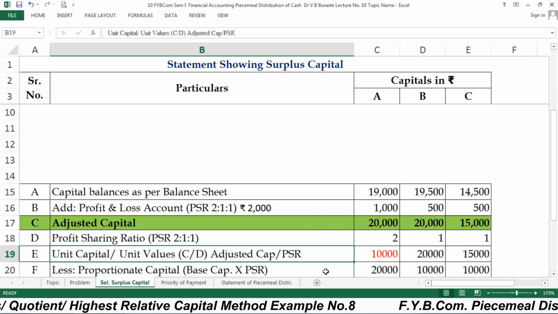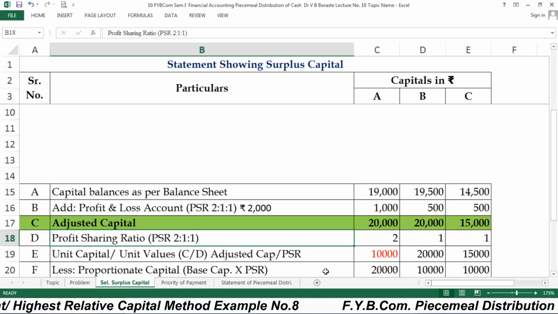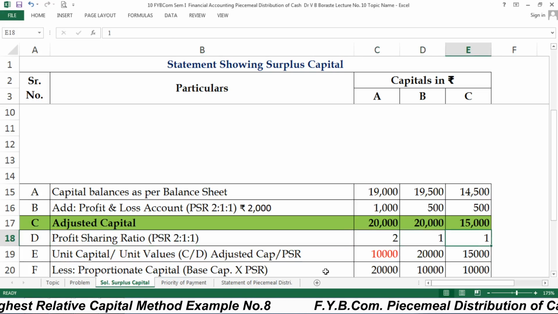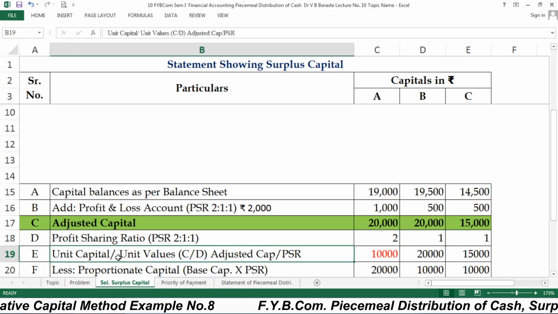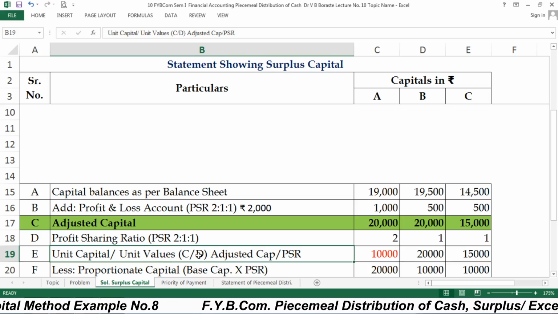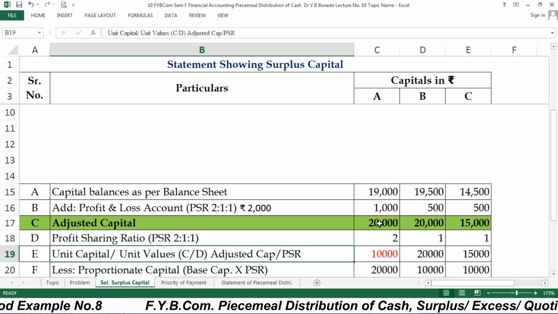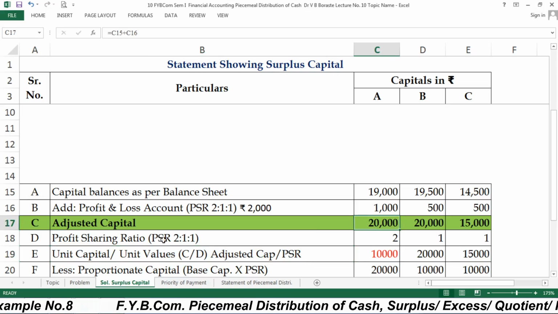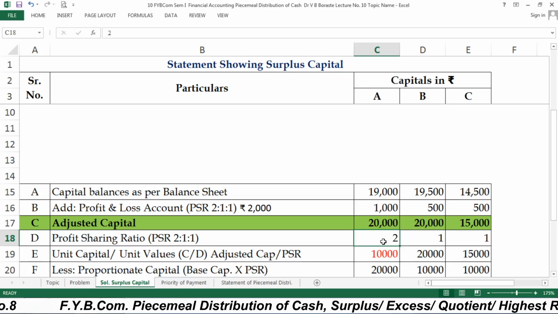So you have to mention the profit sharing ratio again here, that is 2 is to 1 is to 1. Then you can calculate the unit capital or unit value. How will you calculate it here? C row divided by D row. Here the C row is A's capital 20,000, and in the D row the profit sharing ratio is 2.